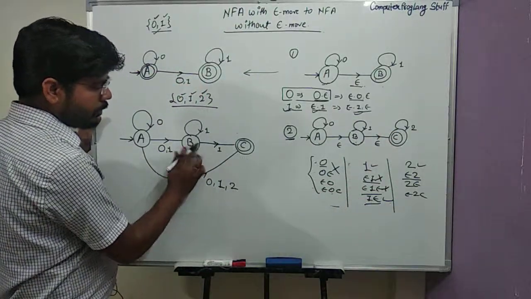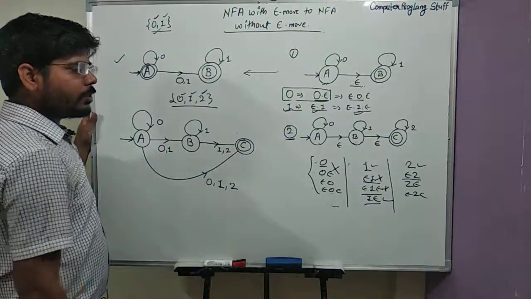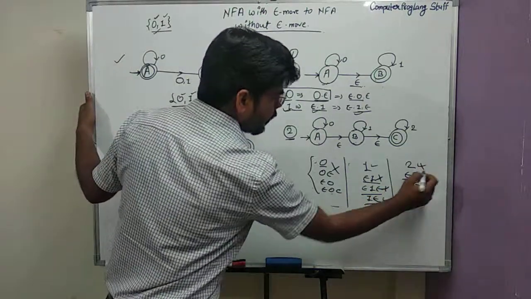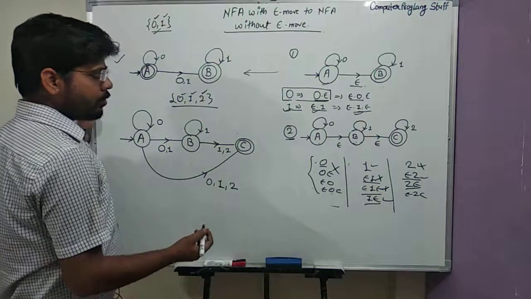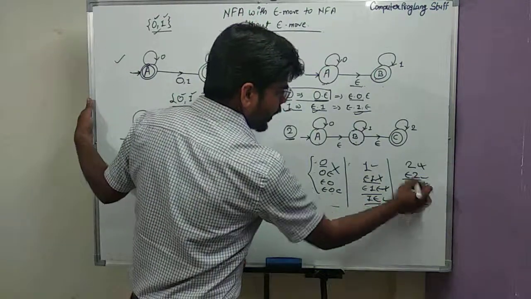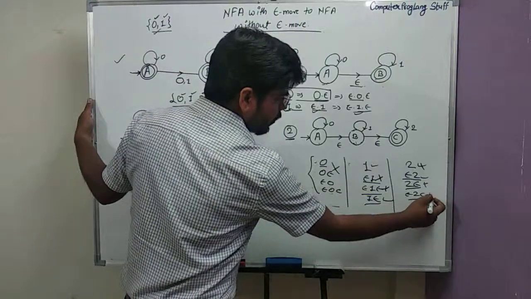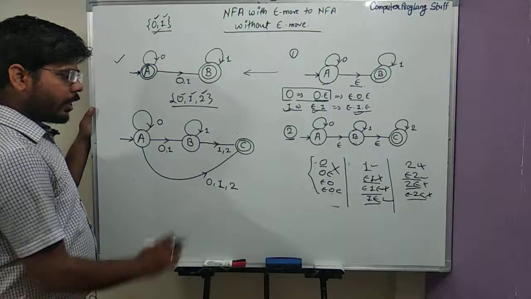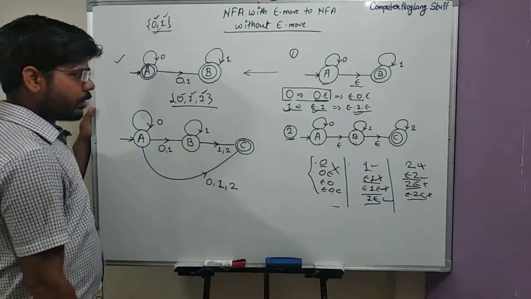So from B to C it is possible that we can make a transition for symbol 2. Now this is possible, but this is not possible. And if you see this, it will not be possible because there is no direct transition for 2 from B to C, and again this will also not be possible. So these are the transitions from B to C. Okay, so this is also complete.